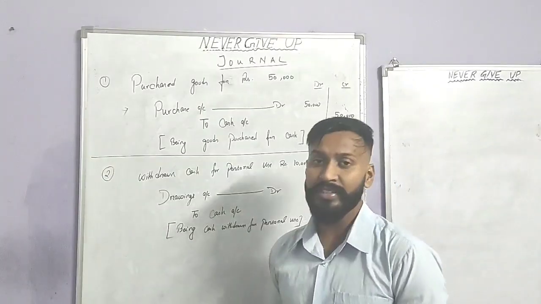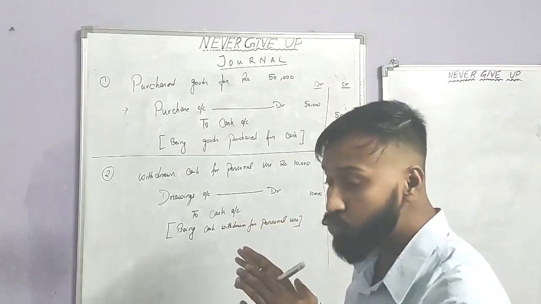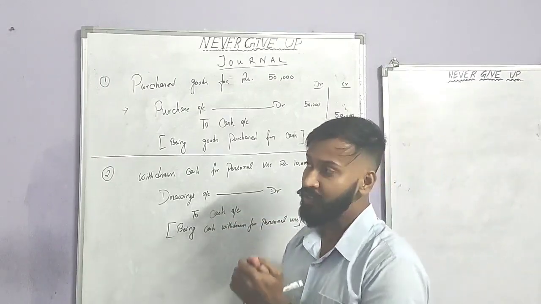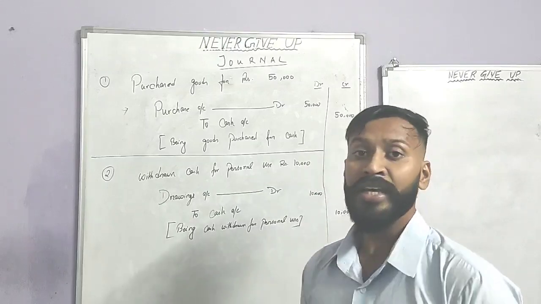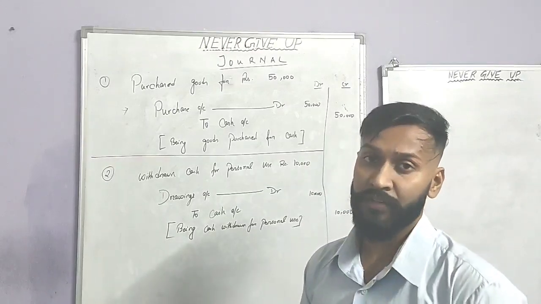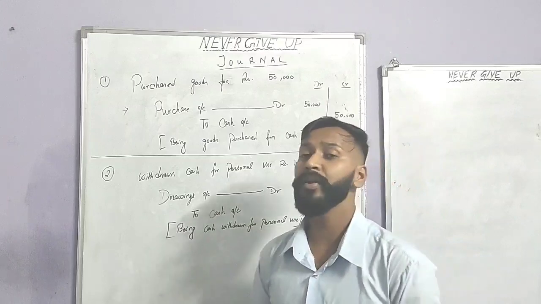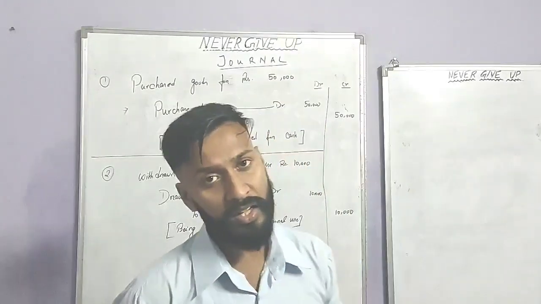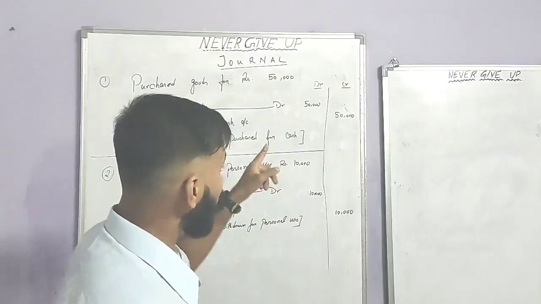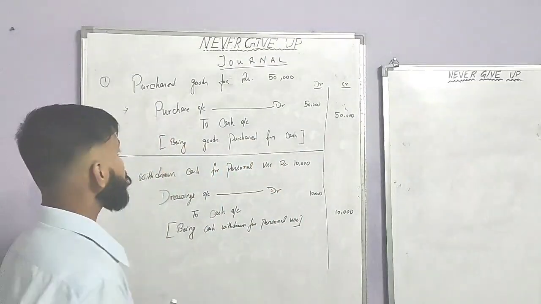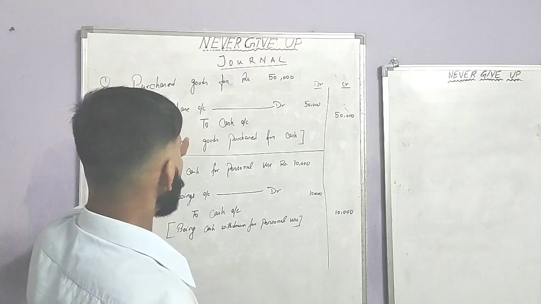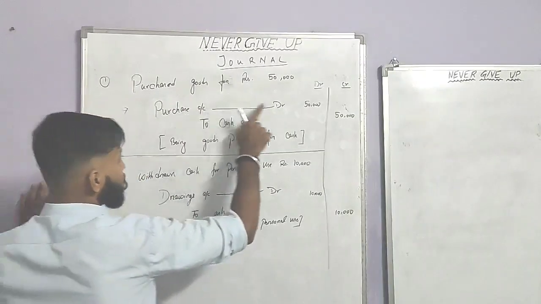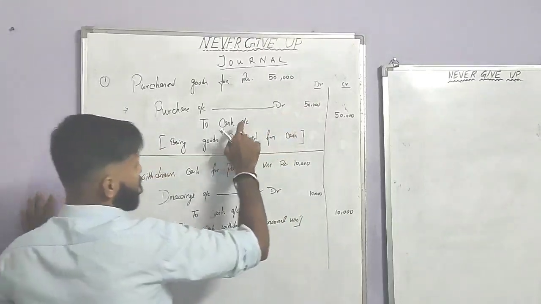Now, these are the two transactions which I have shown to you. These transactions are simple journals. Why is it a simple journal? Because if you notice carefully, in the first transaction, one account is debit and another account is credit.